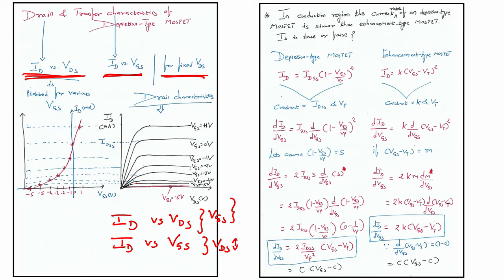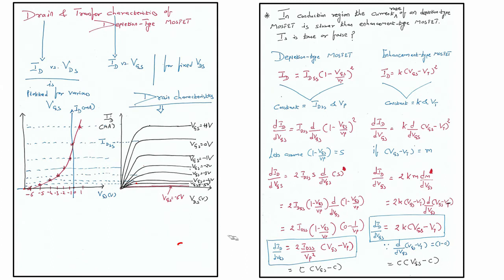Now, if I have a problem, which you can see here, the problem is: in the conduction region, the current rate of a depletion type MOSFET is slower than that of an enhancement type MOSFET.